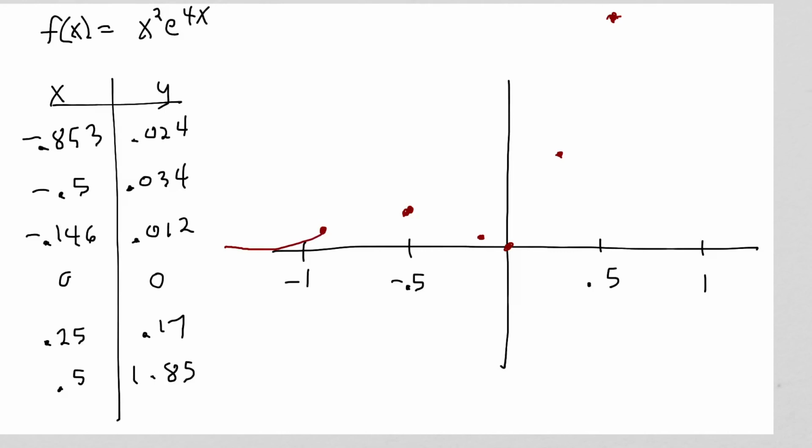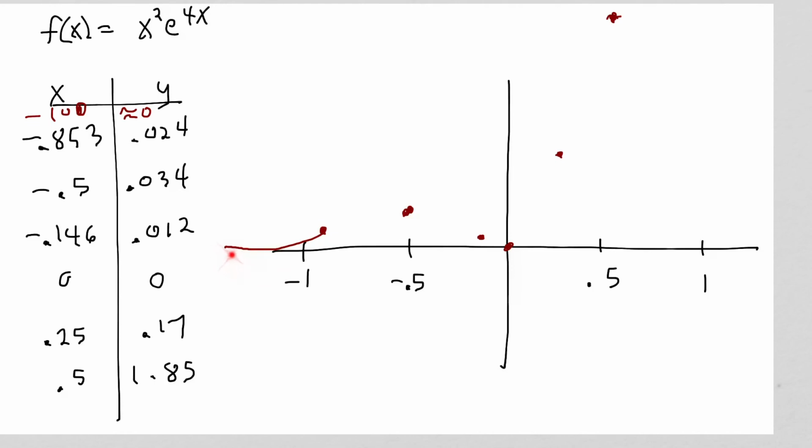The reason I'm not going under the x-axis is because if you have an e to the 4x or something like that, and you put in a very significant size negative number, you're going to get a value very, very close to 0.